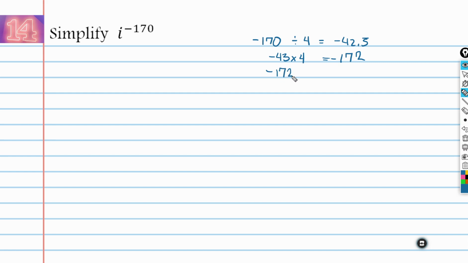Negative 172 plus what is equal to negative 170? Well, we need to add 2 to get there. So this is i squared. i squared was negative 1. We are going to do one more together, and then I'm going to let you try the last one on your own.